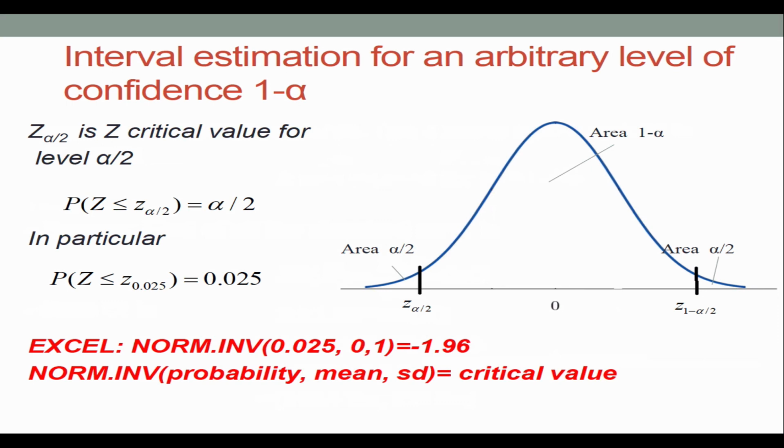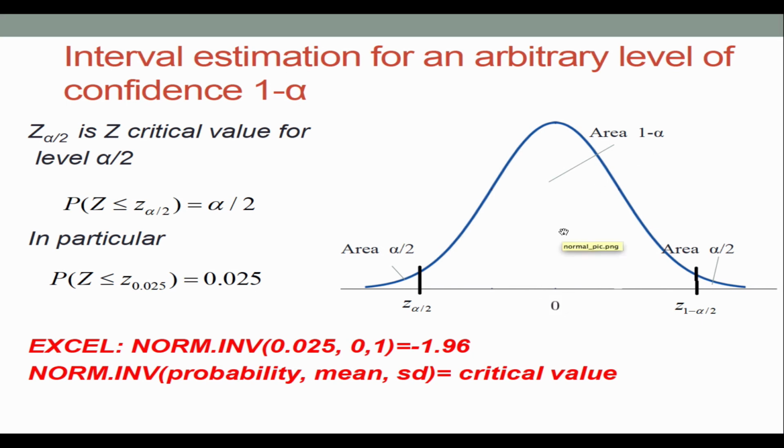To derive the general formula for this arbitrary level of confidence 1 minus alpha, you need to look at the distribution picture for the standard normal. We are looking at an interval, and the probability for this interval to cover the true population mean should equal 1 minus alpha.